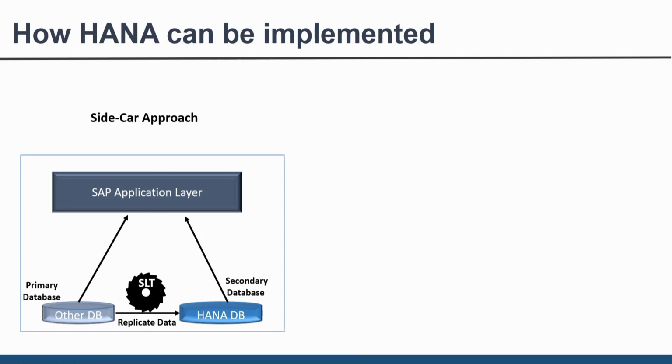So it is very important that your SAP team and your business get comfortable with the HANA way, and that is why SAP says the sidecar approach is very useful. That means in this case you are using HANA database as a sidecar. Once your team gets comfortable with the HANA way, then you can completely migrate from any other database to HANA database.